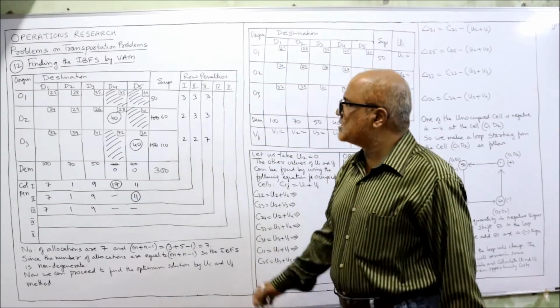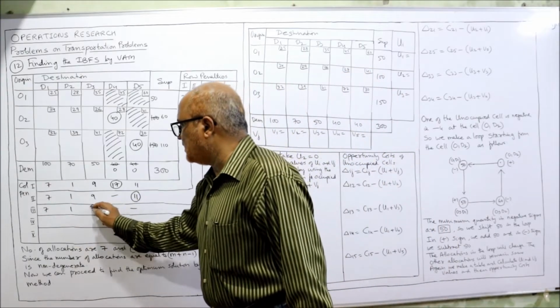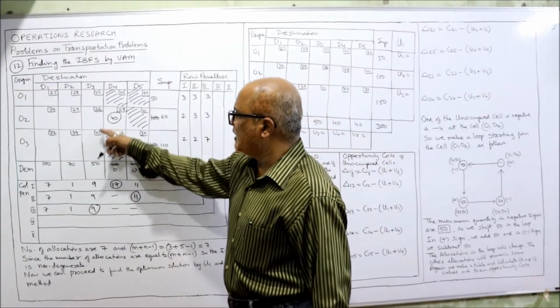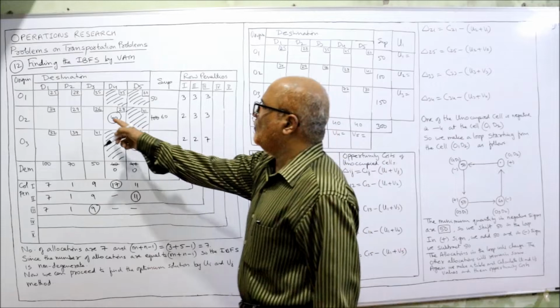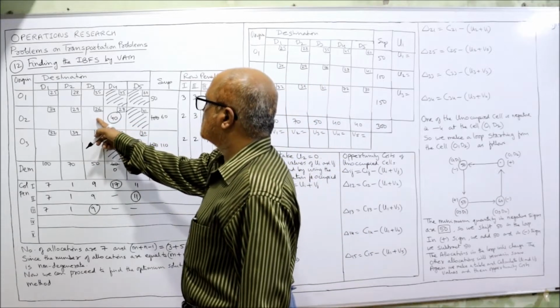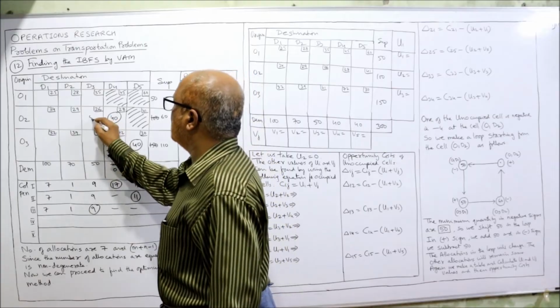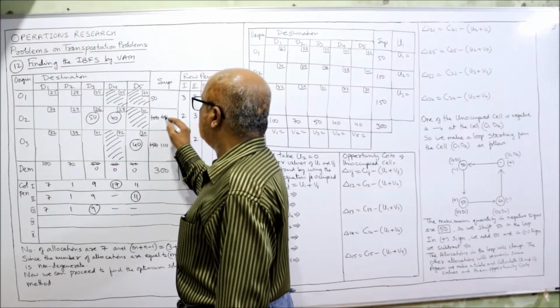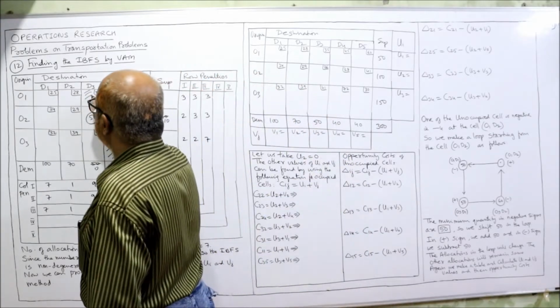So what is the highest penalty? 3, 3, 7, 9, 1, 7. So 9 is the highest penalty, circled. In which column? D3 column. Lowest cost is 26. So now we assign in this 26. The row is 60 and the column is 50. So we can assign 50 here. This will become 0. 60 minus 50 is 10. Now the column is blocked.